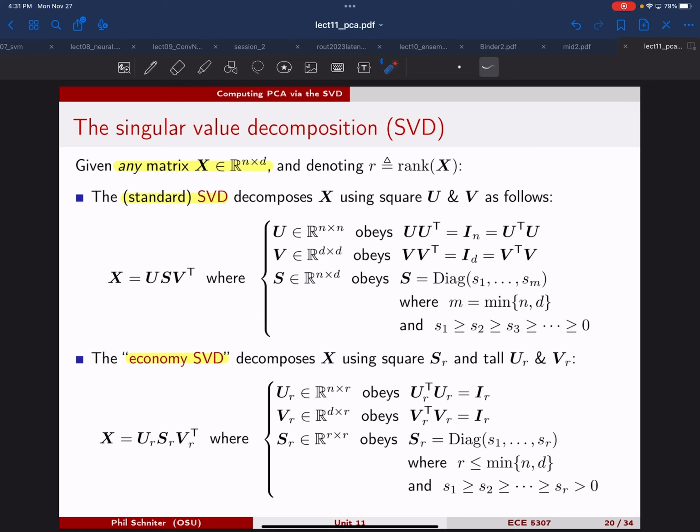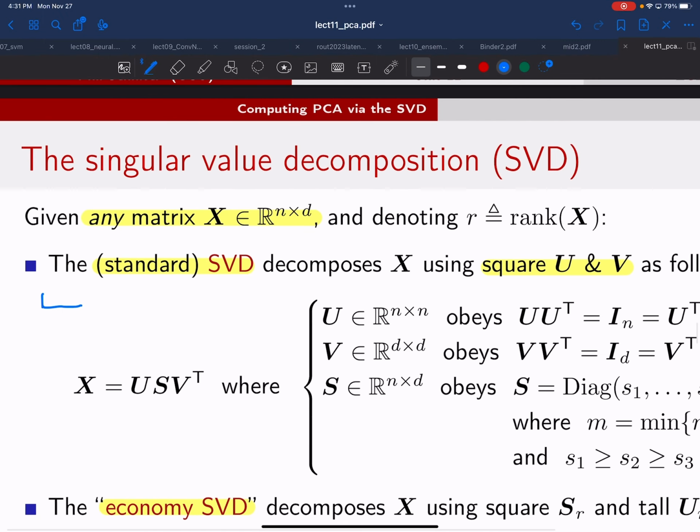So the standard SVD decomposes X using square U and V matrices. Let me draw a couple pictures. One way this can work out is, let's say that you have a wide X matrix.